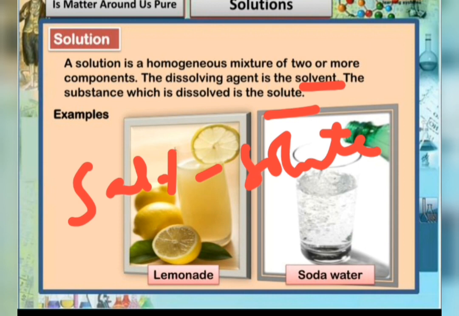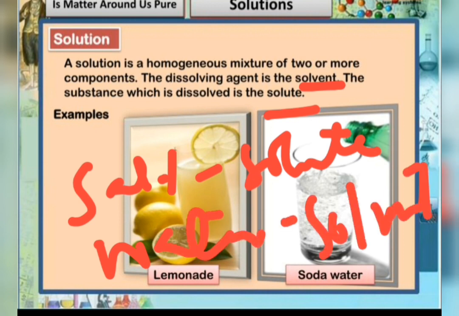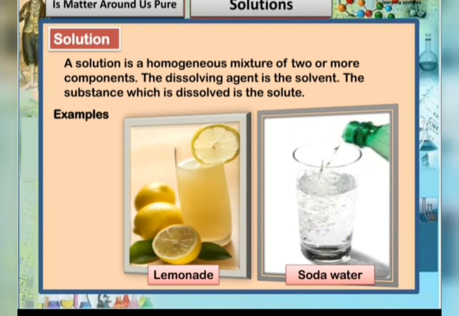So salt is solute and we are dissolving it in water. So water is nothing but solvent, because solvent is the liquid in which solute is dissolved. The one which is dissolved is called solute, and the one in which the solute is dissolved is known as solvent. So salt is the solute and water is the solvent.